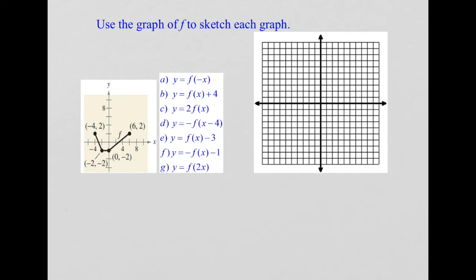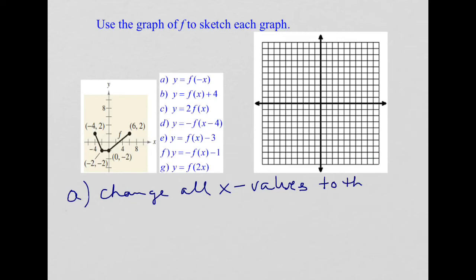This time, instead of graphing all the points, we're going to discuss what happens to the points. So my first one, A, I have y equals f of negative x. Well, that says that all the x's are going to be negative. So I would change all x values to their opposites.